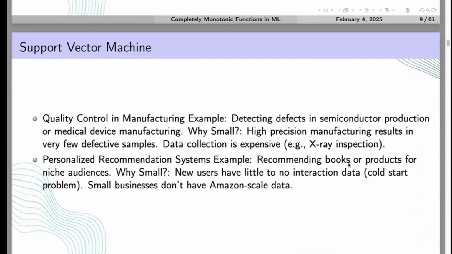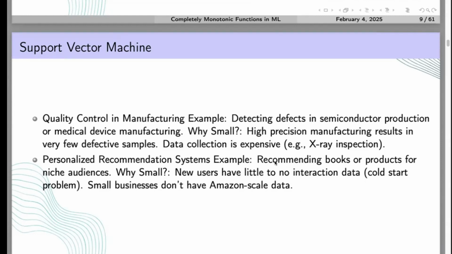Quality control is another application. In manufacturing, for example, you are testing medical devices, so you have very few defective samples, and it is also an example of a small data set. Another application example is personalized recommendation systems.